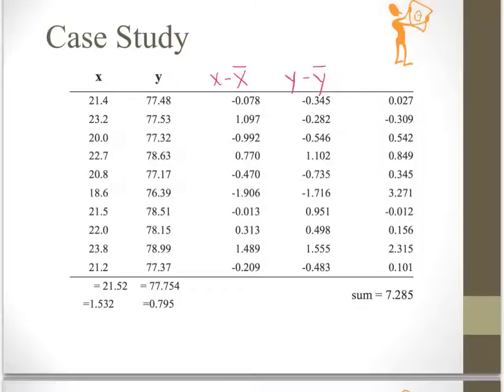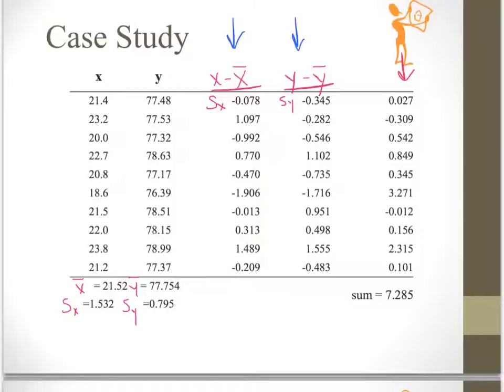Each of them is then divided by S sub X and S sub Y. So this here is X bar, this is Y bar, this is S sub X, and this is S sub Y. And then this column is this times this, so it's multiplying those standardized deviations together.